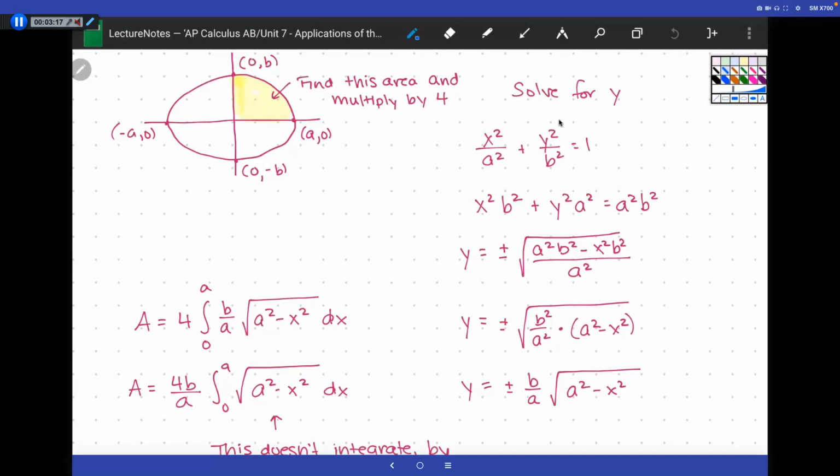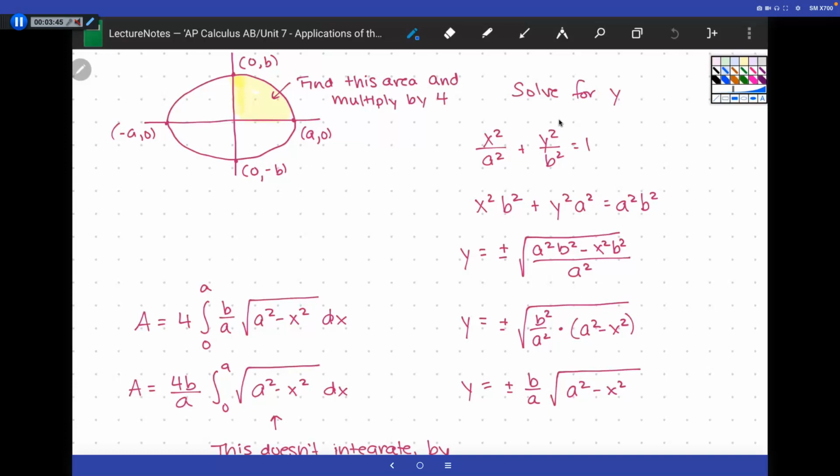I teach it; it's one of the extra topics I add into BC. Even though at first glance it doesn't look that bad, it is pretty messy to integrate. But be prepared. I have seen them do this on the AP. And be prepared for other calculus classes, because professors love this.